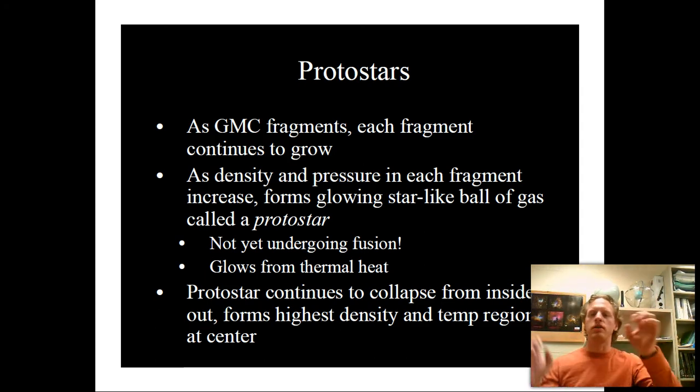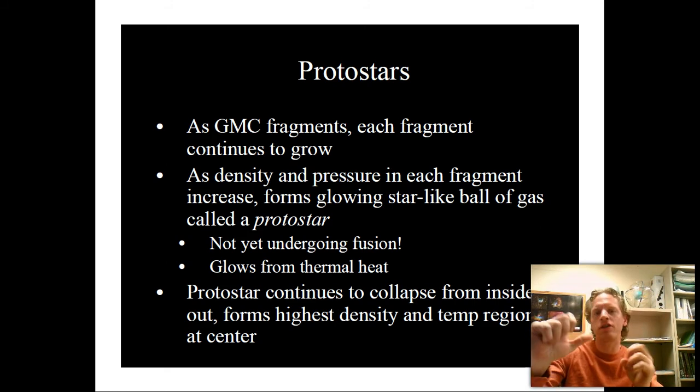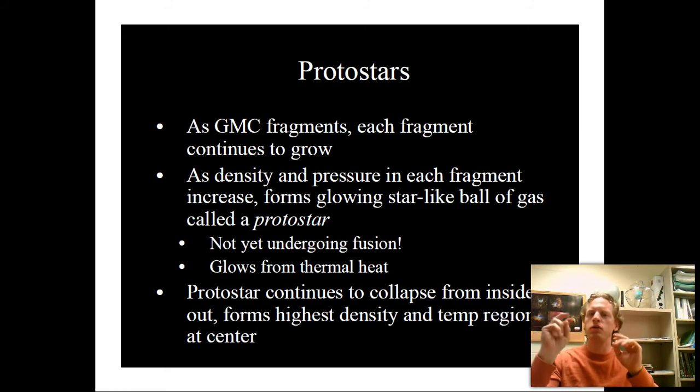It's going to be hundreds or maybe thousands of stars that form within this big cloud. Each fragment, each little packet, is going to condense more and more. You might get a star, you might get a few stars, you might get a binary star system, a trinary star system, a four-star system from each of these little dense regions.